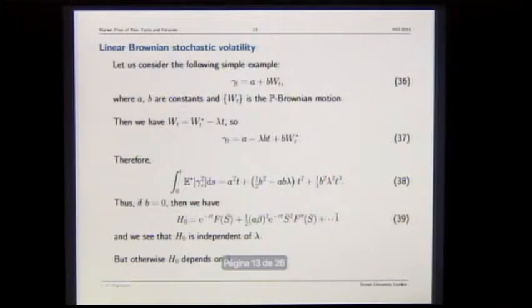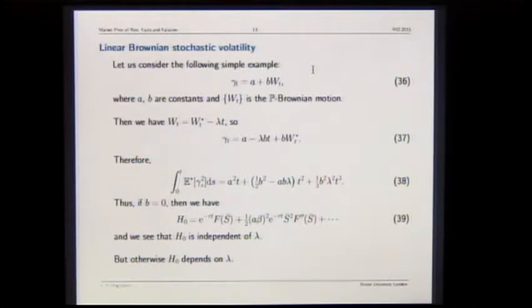So far we haven't actually said what the stochastic volatility model is going to be. So again, it'll suffice just to consider a single example, and we'll look at a kind of linear Brownian stochastic volatility. So gamma is of the form A plus B times W, where A and B are constants.